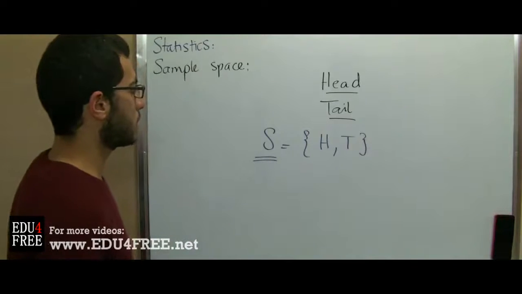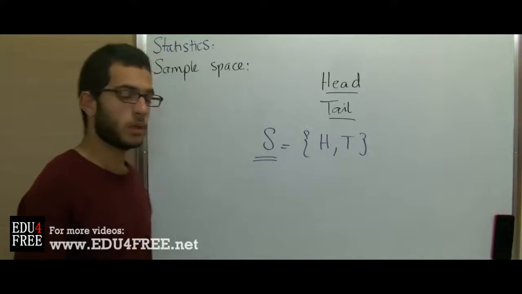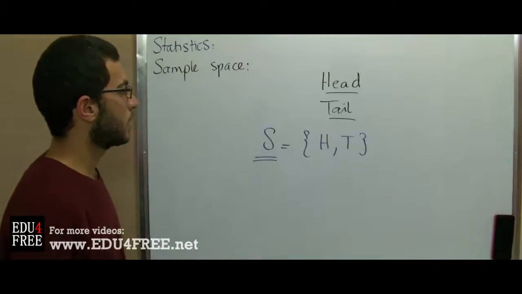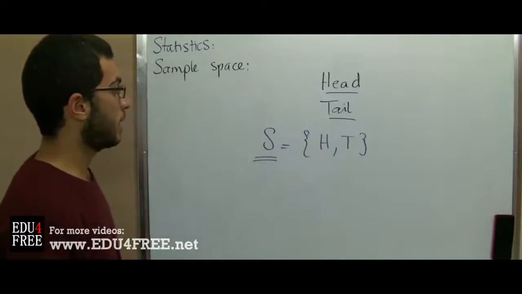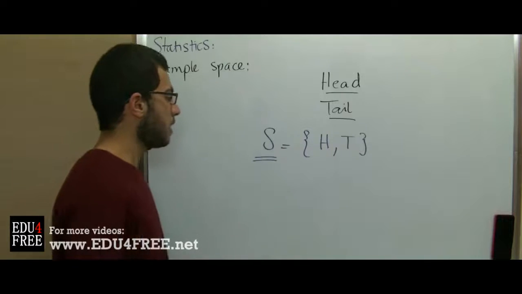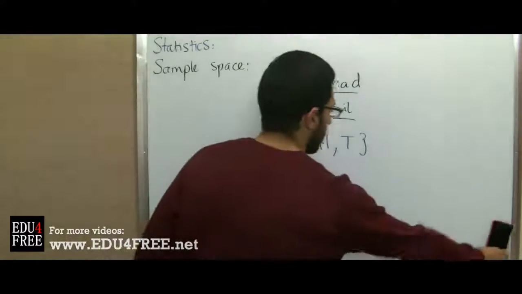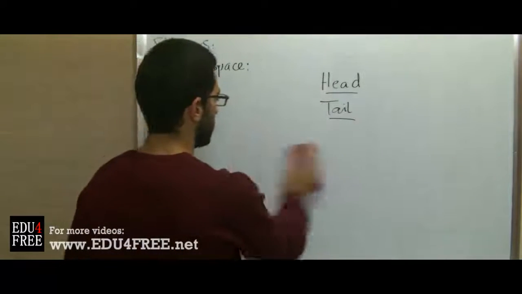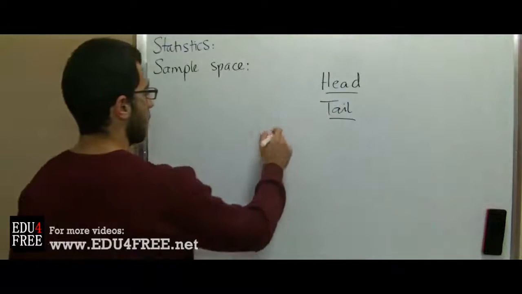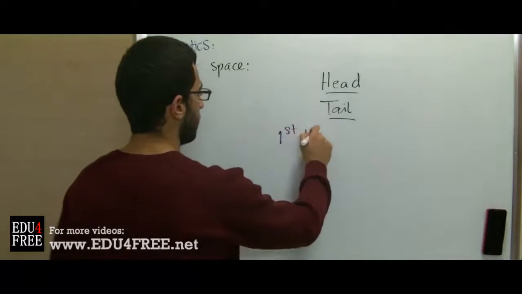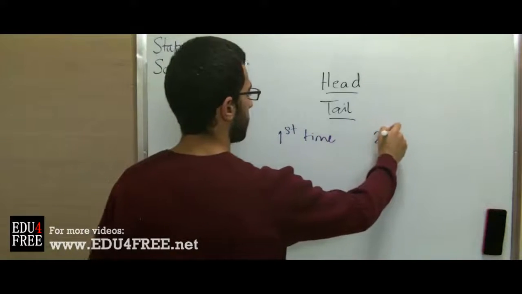So what if we toss the coin twice? Tossing the coin for the first time, you get a head or tail. Then you toss it another time, you get heads or tails. So at that time, we expect the following, the first time and the second time.